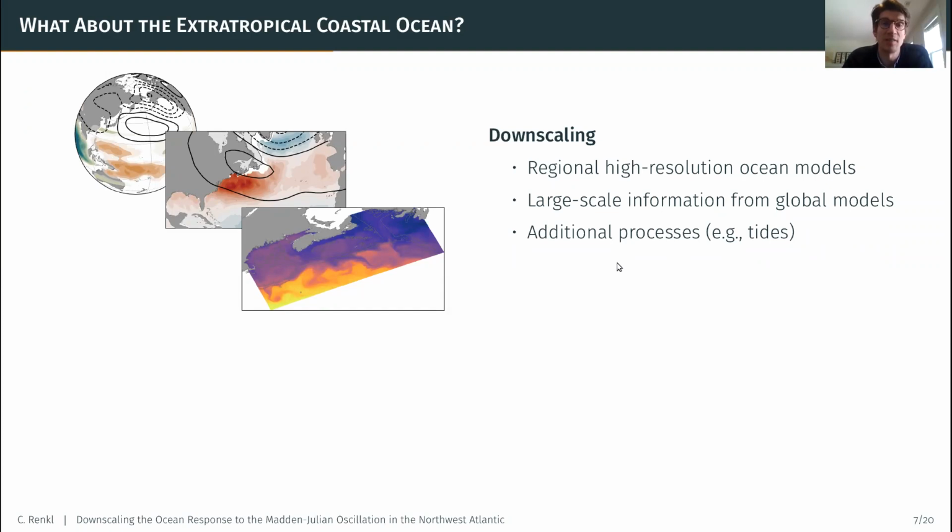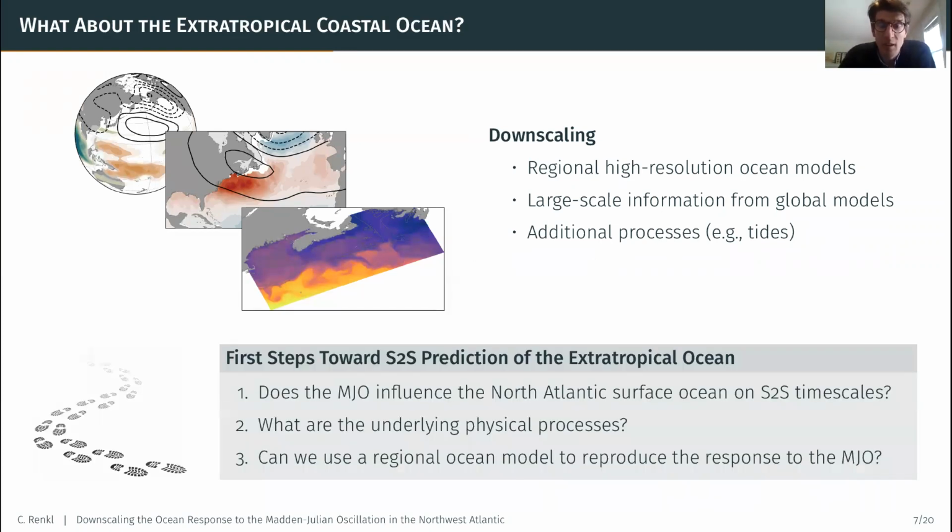For example, tides are often not resolved in global models, but are an essential ingredient in those regional models, especially if you think about our home waters here in the Bay of Fundy. So my thesis and the research that I'm presenting today are the first step toward S2S prediction of the extratropical ocean. And specifically, I want to answer the question: does the MJO influence the North Atlantic surface ocean on S2S timescales?